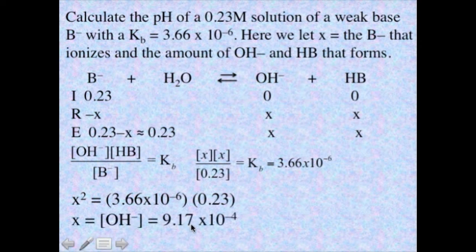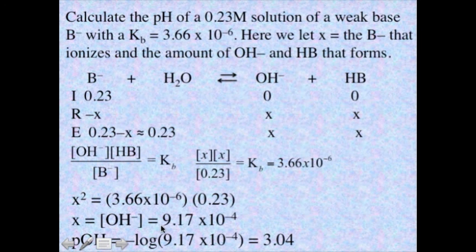It's 9.17 times 10 to the minus 4. Then we convert to pOH by taking the negative logarithm of the concentration of hydroxide to get a pOH of 3.04. But the question is asking for pH. Therefore, pH is 14 minus 3.04, or 10.96.